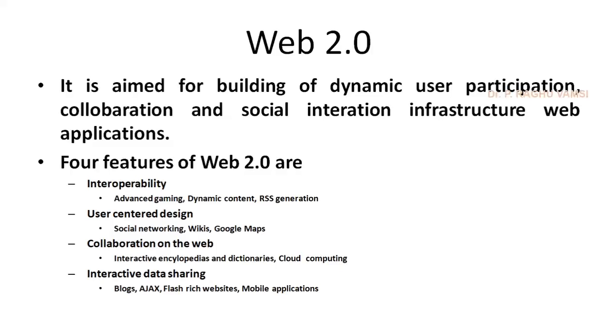The main four features of Web 2.0 start with interoperability. Interoperability is the way of operating with other services. That is advanced gaming, dynamic content, and RSS generation. RSS means Really Simple Syndication. Really Simple Syndication is an XML based technology which uses the publish and subscribe pattern.